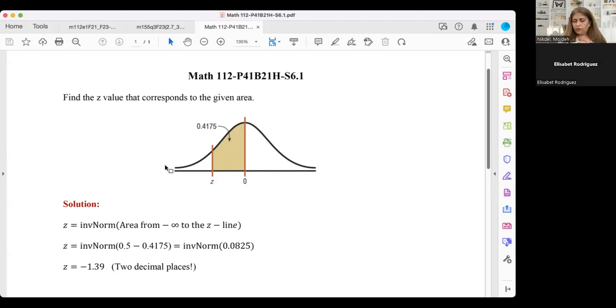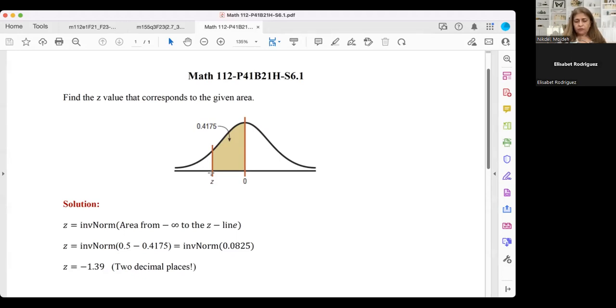Okay? So the line 0 divides the bell curve into 2 equal parts. The area on the right side is 50%, 0.5. The area to the left is 50%, 0.5. So the area of the orange region and the area of the white region from negative infinity to z have to add up to 0.5.